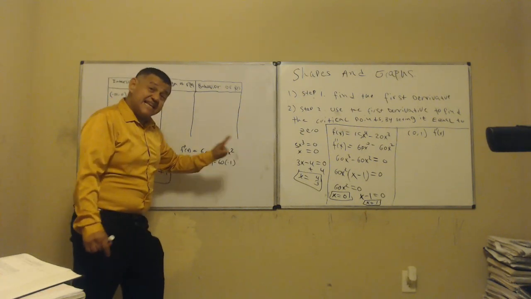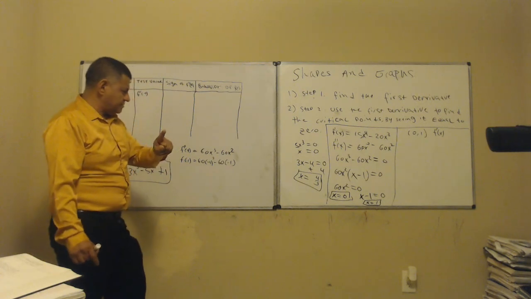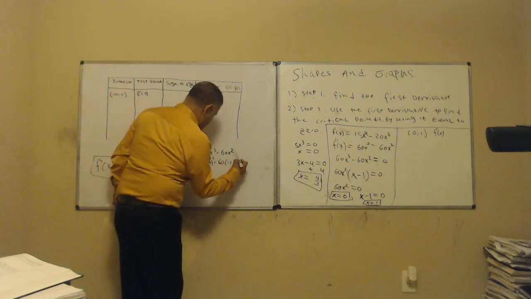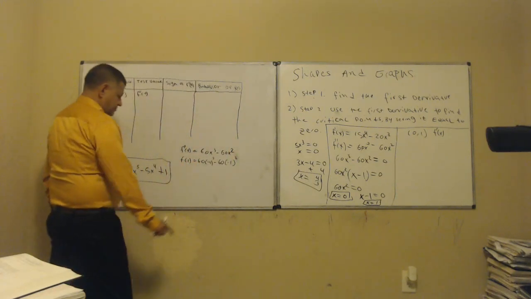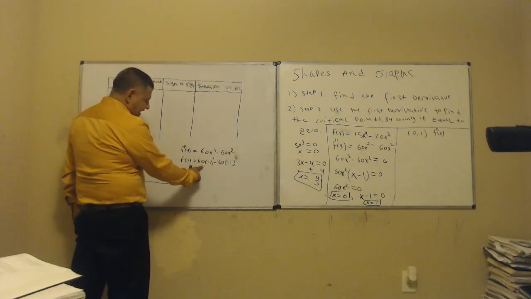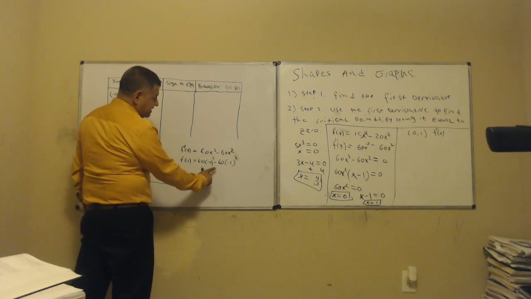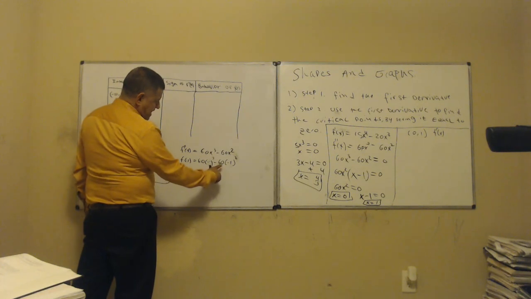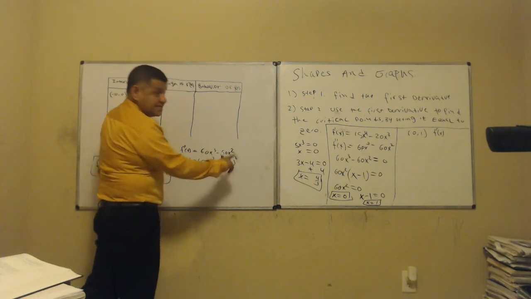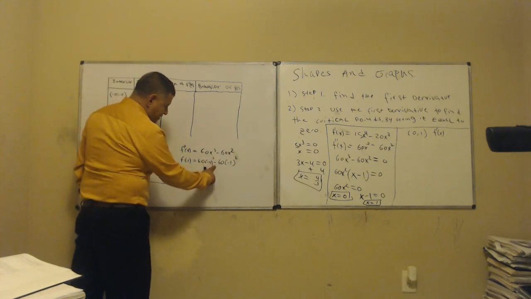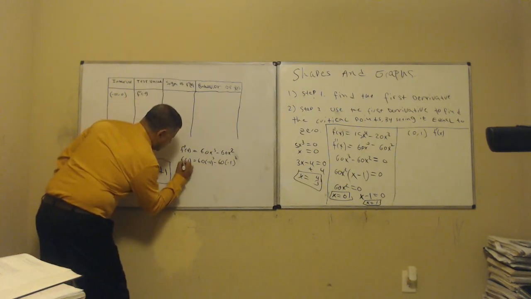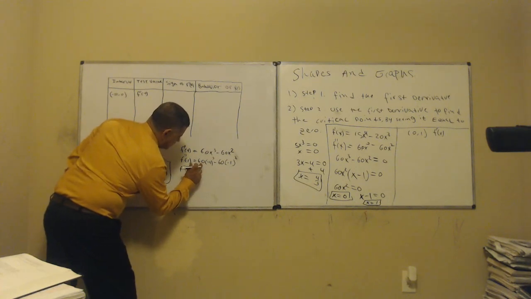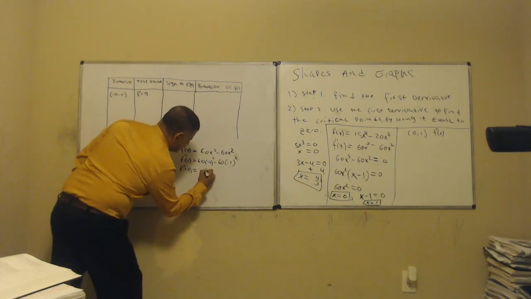Negative times a negative is a positive, because it's a square. Remember, this guy is a square. So over here I get negative times a negative is positive, times a negative is negative. Negative squared is positive, but I have a minus. So in other words, this guy is going to be equal to negative 60.